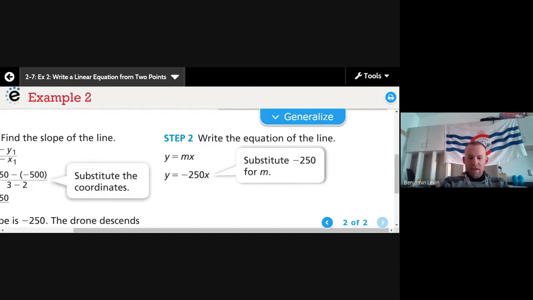You guys can't see my calculator, but after 47 seconds, the drone would be negative 11,750 feet, which is probably impossible. Well, yes, it is impossible.